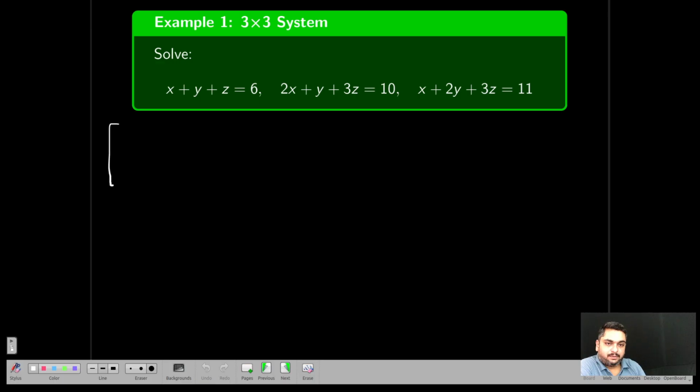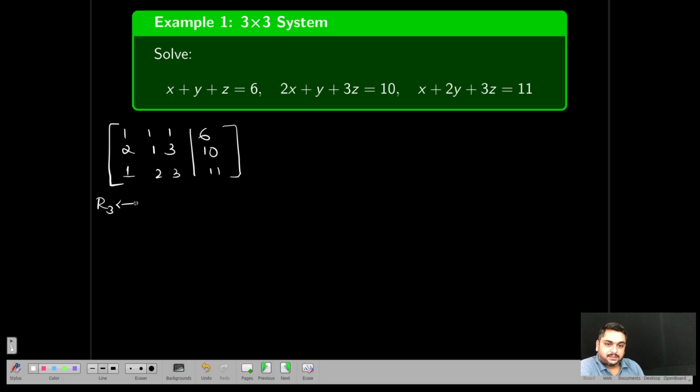I will take an augmented matrix: 1 1 1 6, 2 1 3 10, 1 2 3 7. Gaussian elimination says convert it to row echelon form. So let us perform the row reductions.